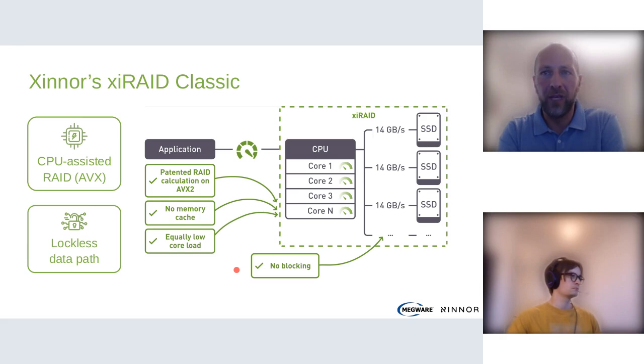It means that we have a way to dynamically allocate the stripe to the available core so that we can distribute the load evenly across all the available cores on the CPU. And since we don't have a memory cache, this allows us to achieve a very even distribution of the load that equals very high performance. So nearly the raw drive performance.